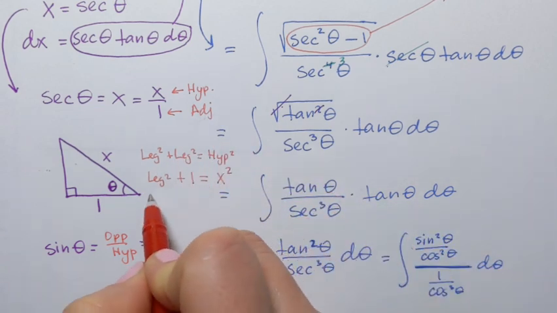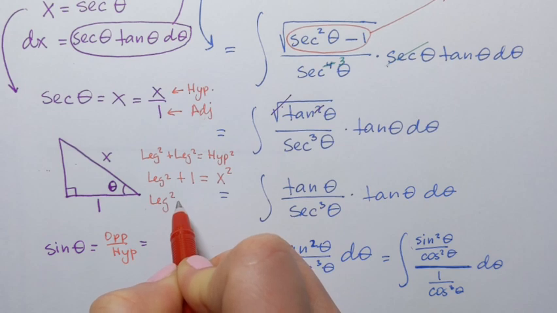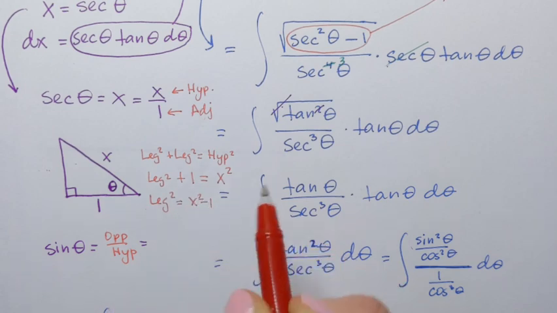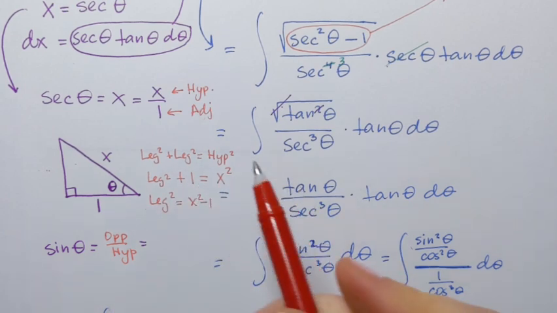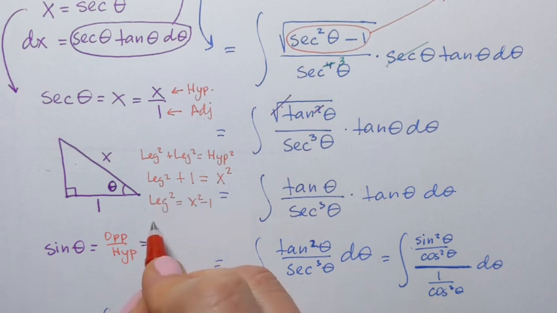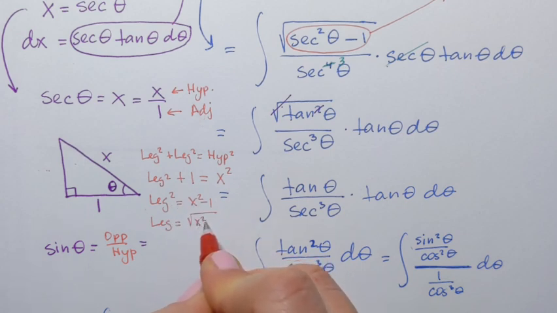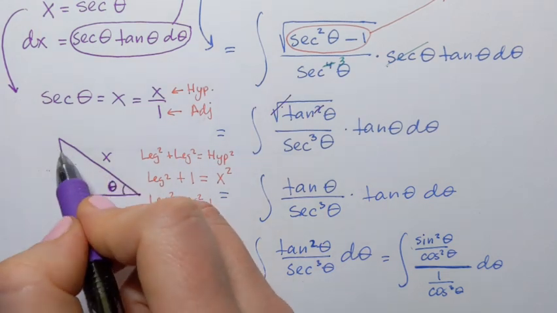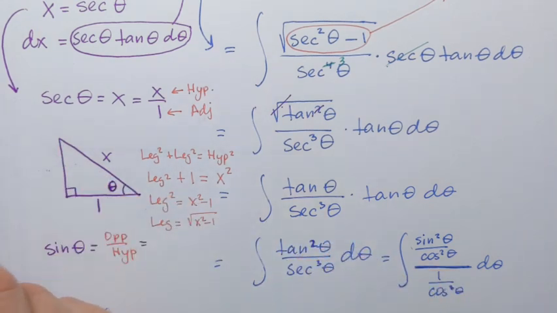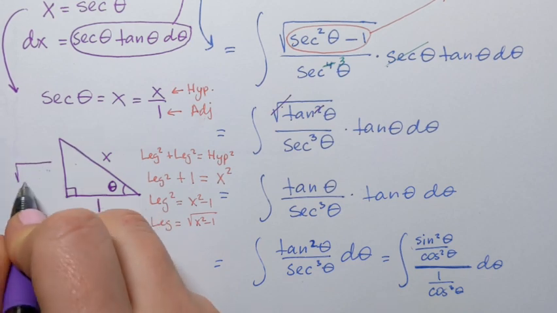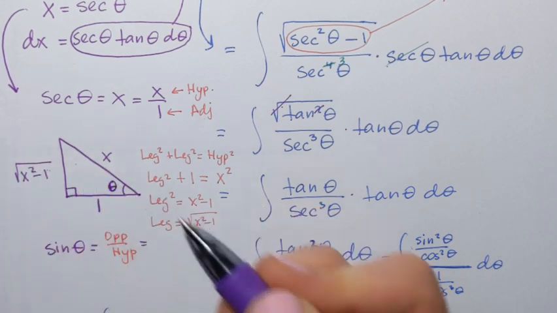So from here, that unknown leg squared is x squared minus 1, right? I subtracted 1 from each side. And then what is the leg itself? The leg is the square root of, I'm just square rooting both sides, the square root of x squared minus 1, right? So this missing leg is actually the square root of x squared minus 1.